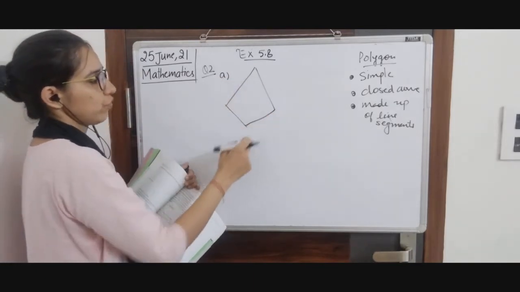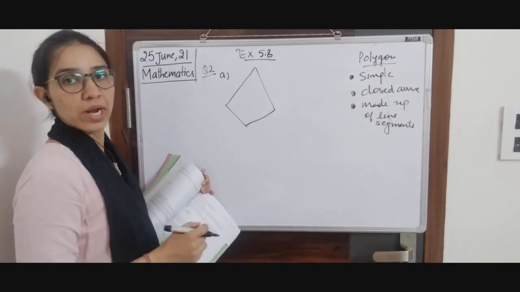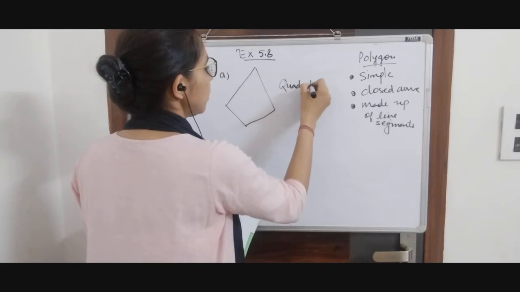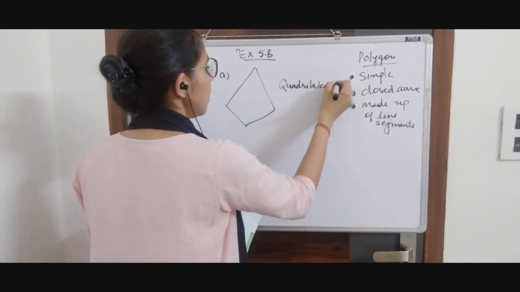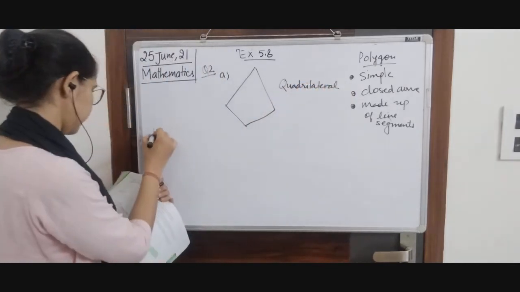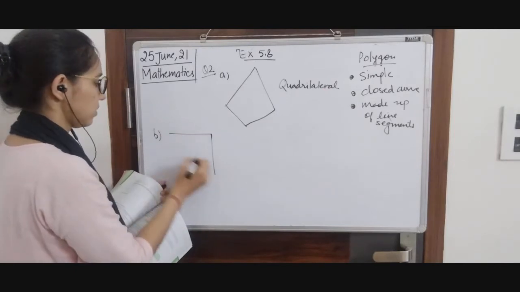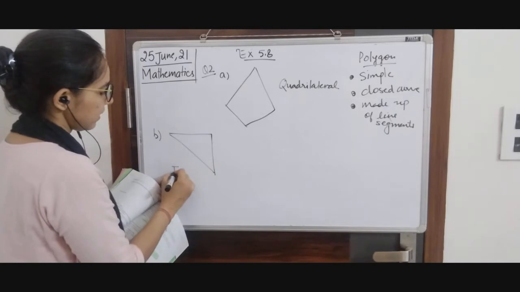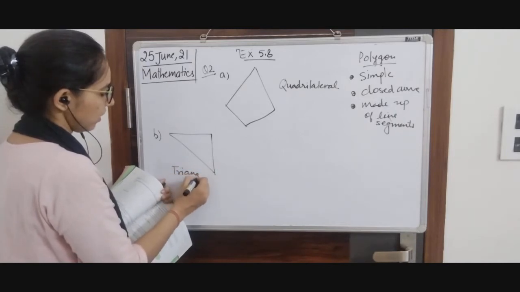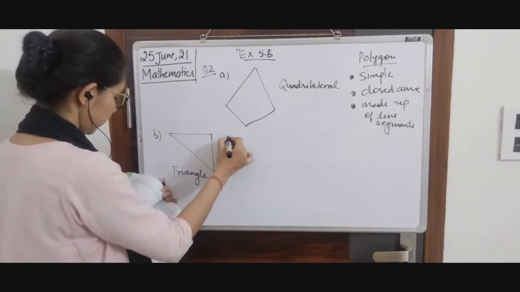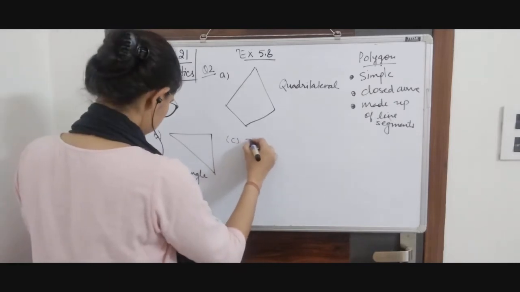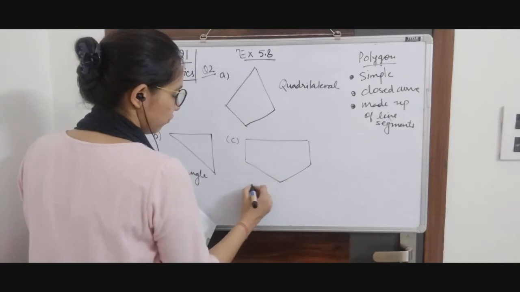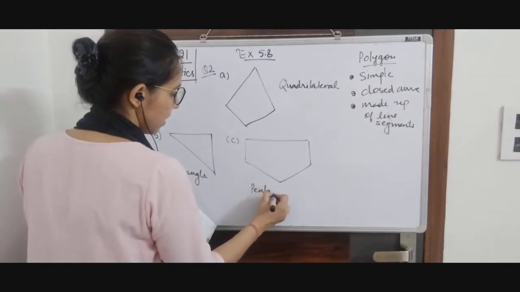If we have 4 line segments, it is known as a quadrilateral. B has 3 line segments. We just have to count the line segments. 3 means it is a triangle. C, it is 1, 2, 3, 4 and 5. 5 means it is a pentagon.